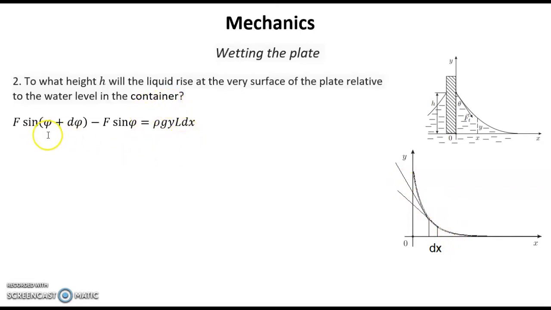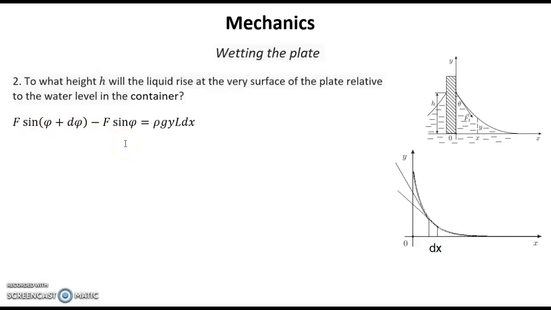So here we have the difference between sine of phi plus delta phi minus sine phi. We can present force F as sigma multiplied by L.